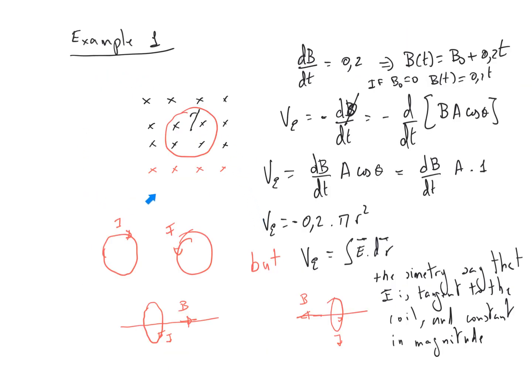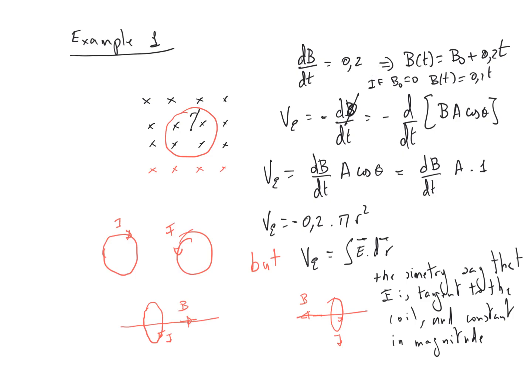This is one example. We did this example in class. We have a loop. We have a magnetic field. The magnetic field is going through the screen, and we wonder if B is changing, how is it changing? The change of B with time is 0.2 Tesla per second.